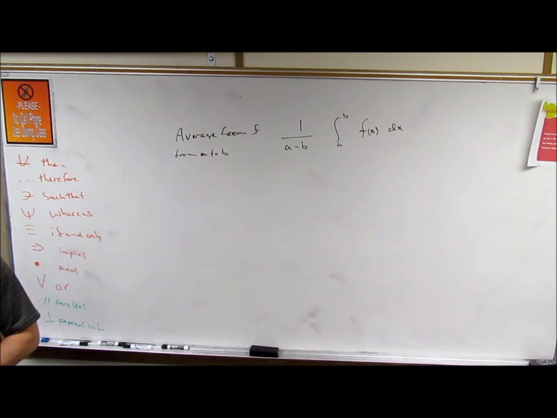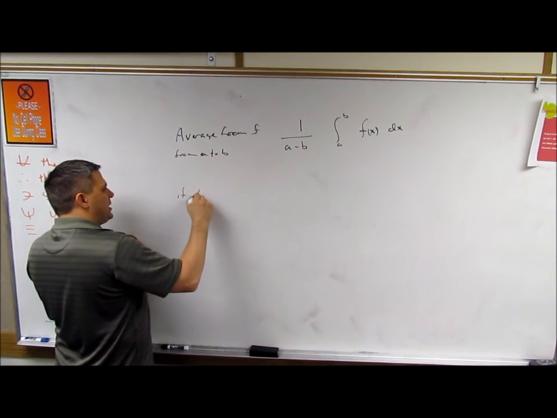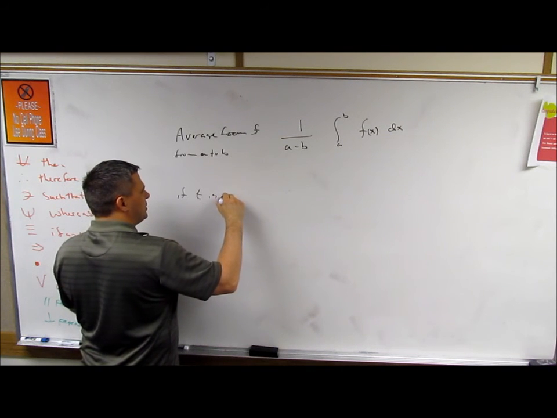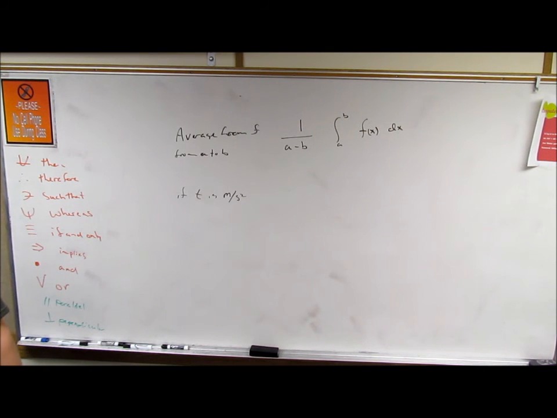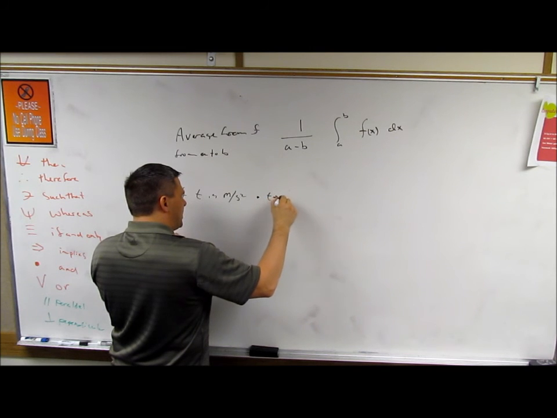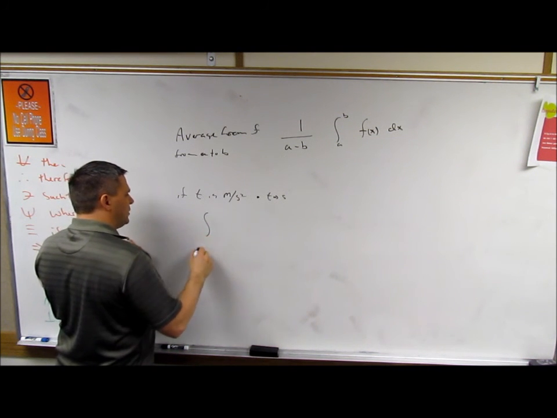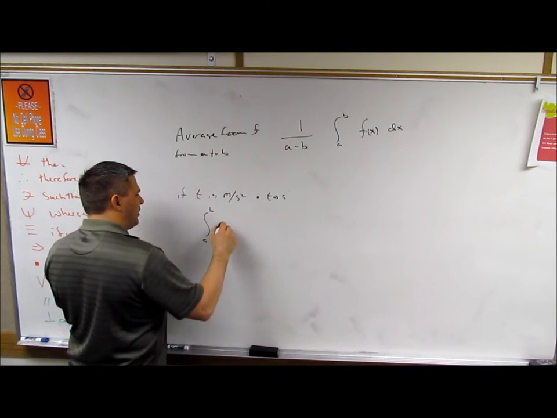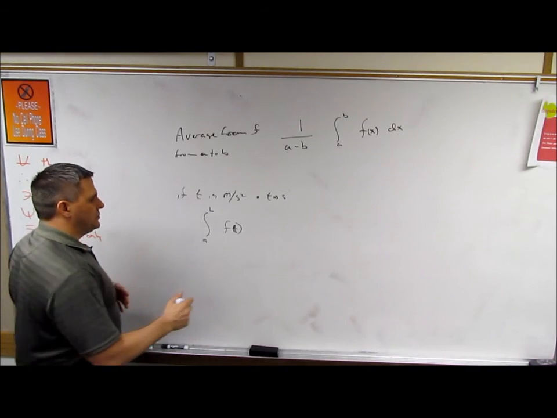So in essence, when we take a look at something like, if f of t is measured in meters per second squared, and t is measured in seconds, then when you have an integral from a to b of f of t, what's going to happen to it?